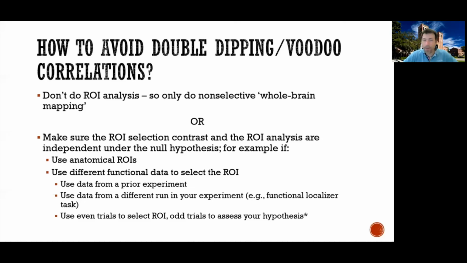Alternatively, if you really can't do any of that, you maybe could use even trials to select the ROI and odd trials to assess your hypothesis, and then maybe do it both ways.